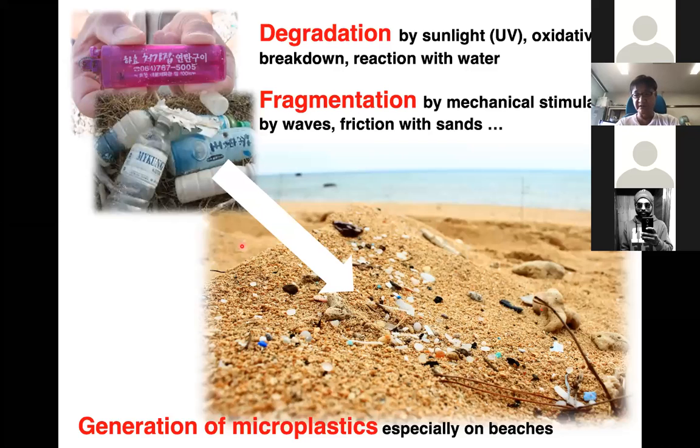As you know, large plastic debris, macroplastic, has been degraded, and after degradation and fragmentation, it gradually changes to microplastics. It probably happens on beaches because the sunlight and oxidative breakdown reaction with water occur more intensively on beaches than in the seawater.